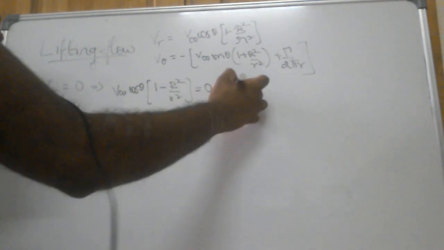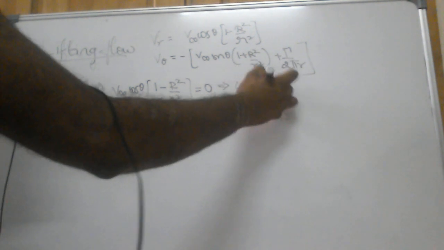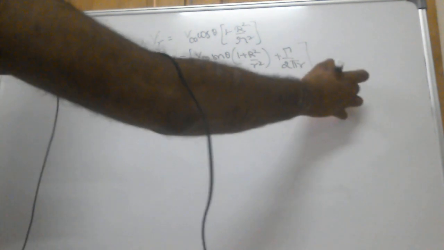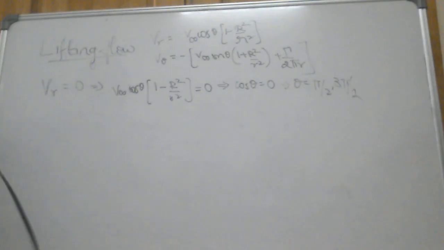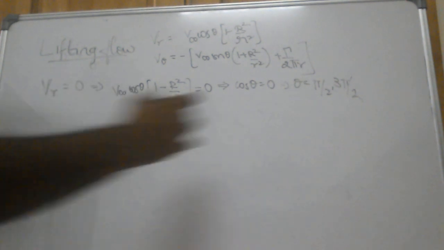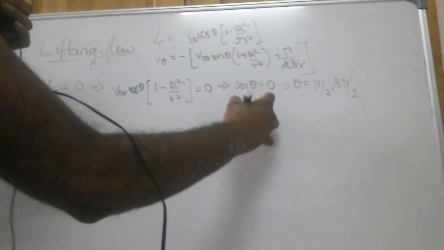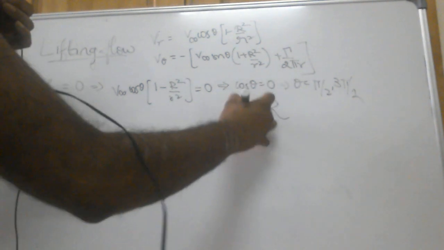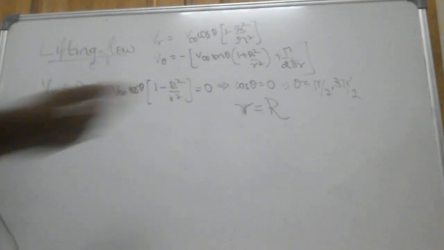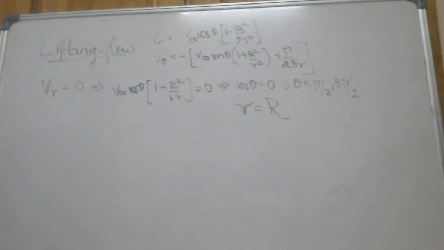Now this would mean either cos theta is 0, which is theta is pi by 2 or 3 pi by 2, because we are looking at values of theta in the range of 0 to 2 pi, and the other possibility for Vr to be 0 is small r equals capital R. So these two conditions would essentially give a Vr equal to 0.